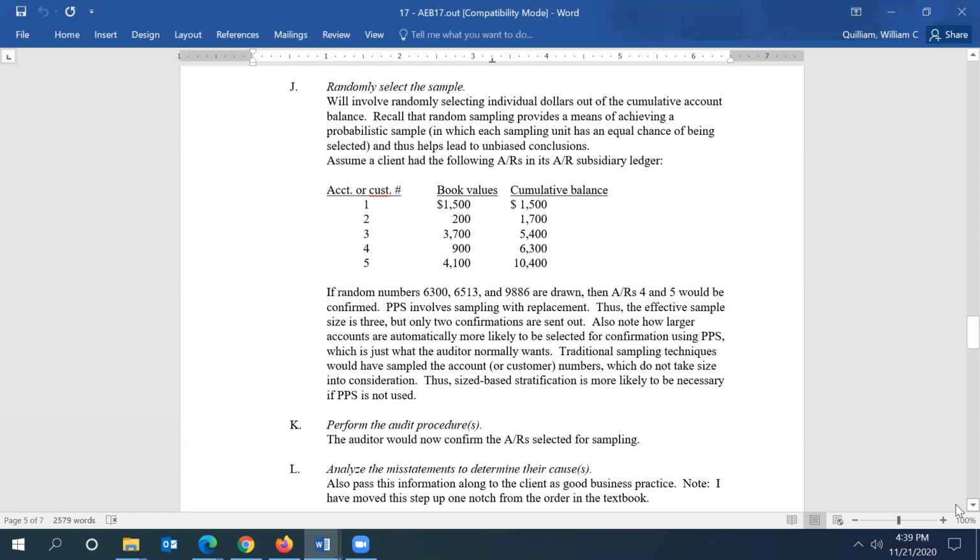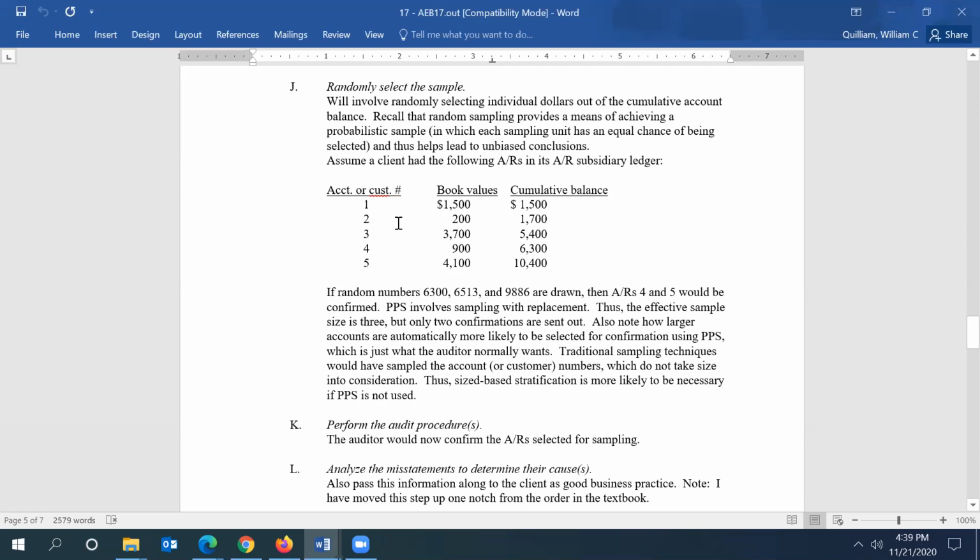So every single dollar in the cumulative account balance has an equal chance of being selected. This thus helps lead to unbiased conclusions. So here's a little example. Let's assume a client has the following accounts receivable in its accounts receivable subsidiary ledger. These, in other words, are individual customers. So we have account or customer number 1, 2, 3, 4, and 5.